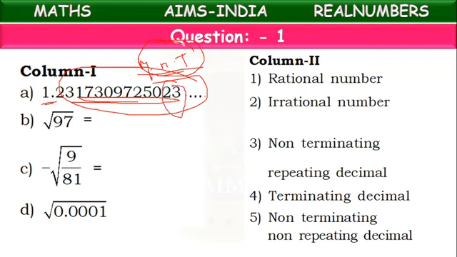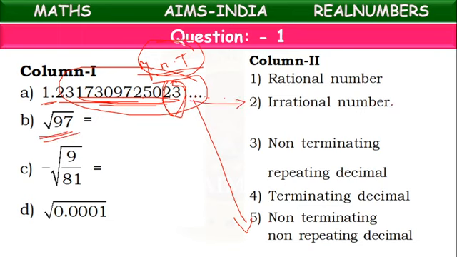Here 2, 3 is there, and here 2, 3 is there, but they have not given the complete expansion. By observing this part, we can tell that it is a non-terminating, non-repeating decimal. Non-terminating, non-repeating means it's an irrational number.